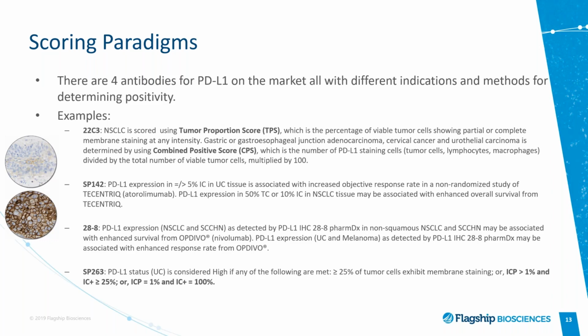Now, the scoring paradigm not only changes from one antibody to the other, but sometimes it also changes in the context of the same antibody as one changes indication. So there is, in summary, a great deal of complexity and a lot of information for the pathologist to keep track of.